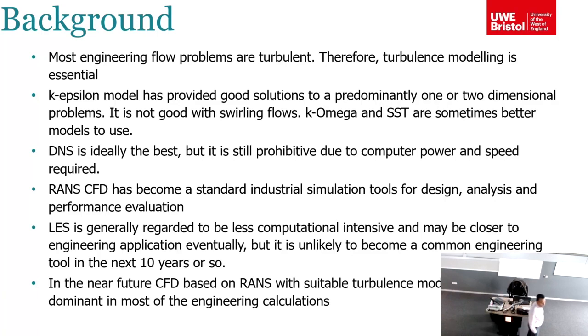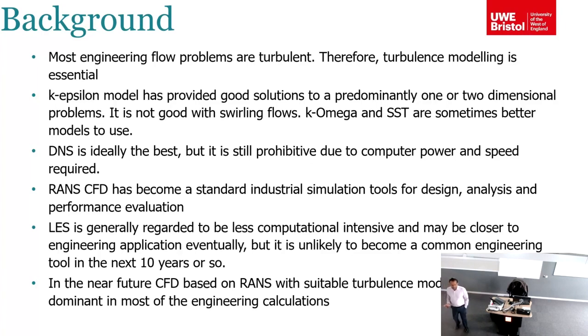And DNS is the best. But what is the problem with DNS? It takes way too long to calculate. And RANS also is good, but it is also slightly expensive.